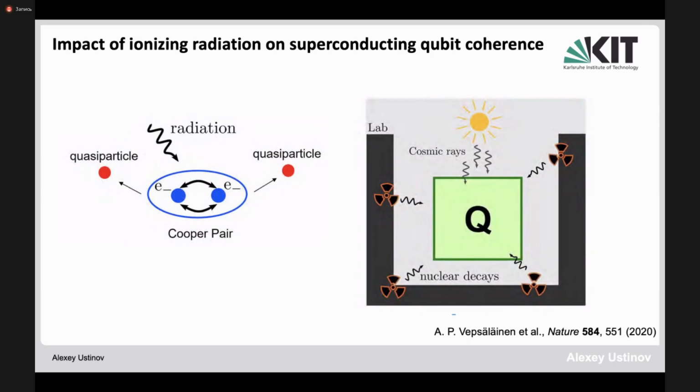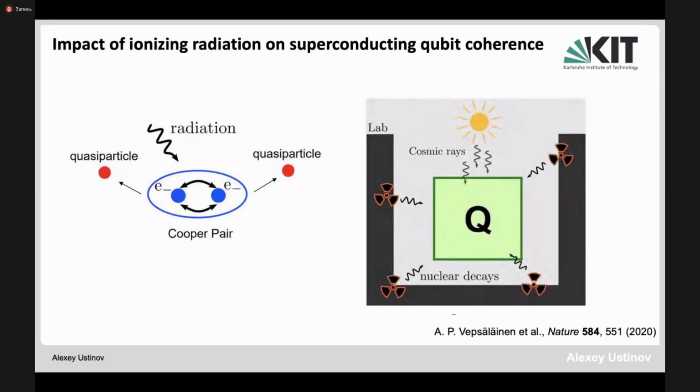So this ionizing radiation can be, as I said, either cosmic rays or simply the residual radiation which exists around us. So any concrete wall has a certain intensity of this radiation, which is of course very weak, but it's everywhere on the Earth's surface.